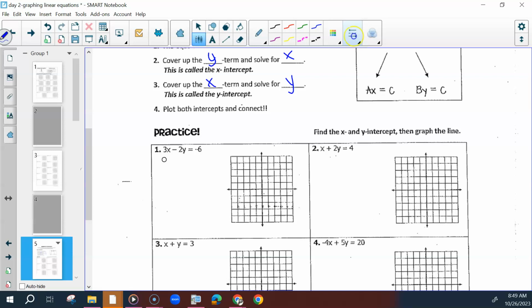So for this one, if we were covering up the y term, what would be left is just 3x equals -6. And we would solve that by dividing both sides. And then you would plot that as a point on the x-axis, -2.